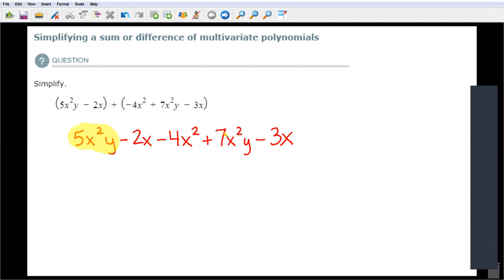What you're going to notice is that this term right here also has an x squared and a y attached to it. Because those two terms have the same variables and the same exponents, I can combine those together. So when I have 5 of these and 7 of these and I add them together, that just means that I have 12x squared y.